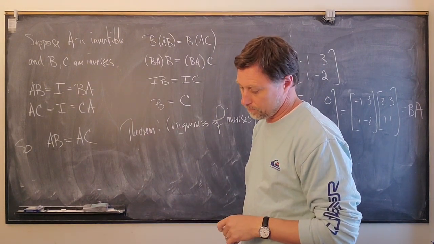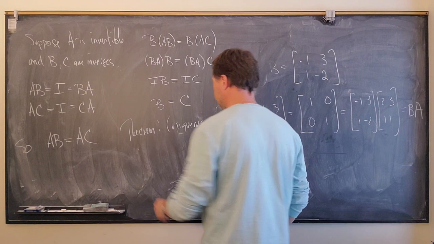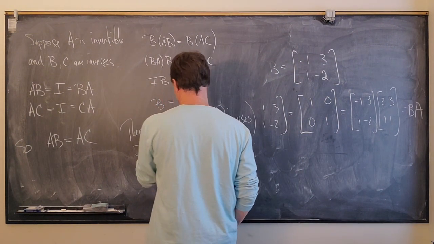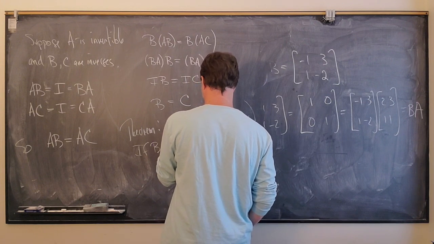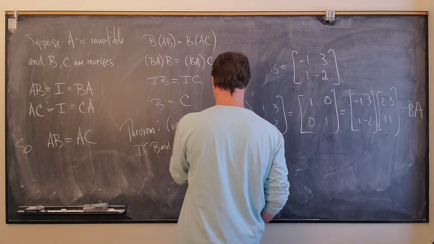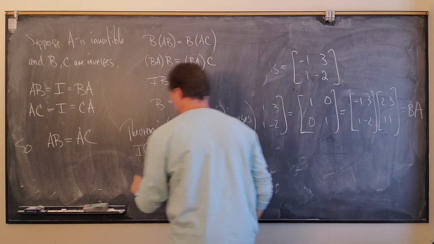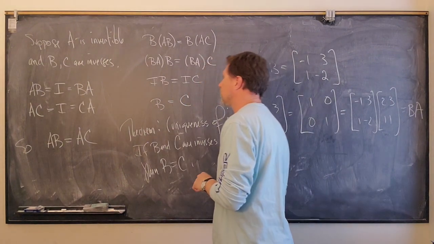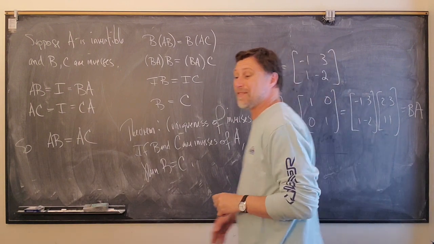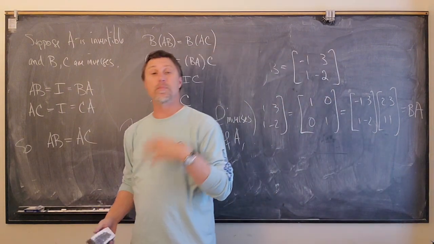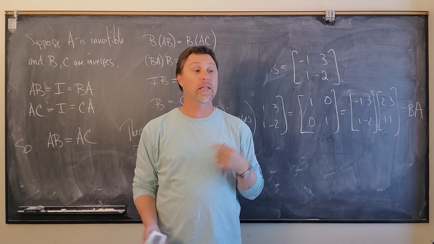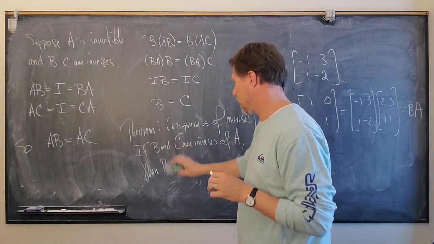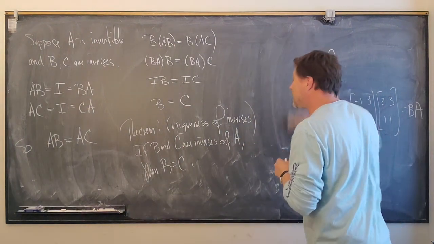If B and C are inverses of A, then B is equal to C. Notice when I defined inverse, I said B is an inverse of A, leaving open the possibility that there could be multiple inverses. Now what we see is that can't happen. So I can now say the inverse.